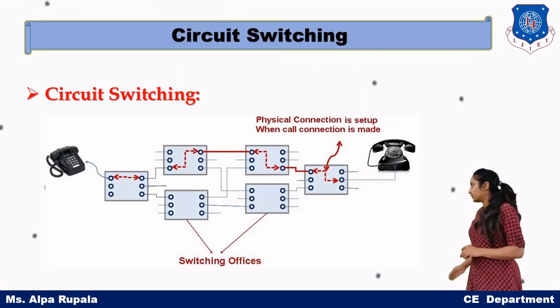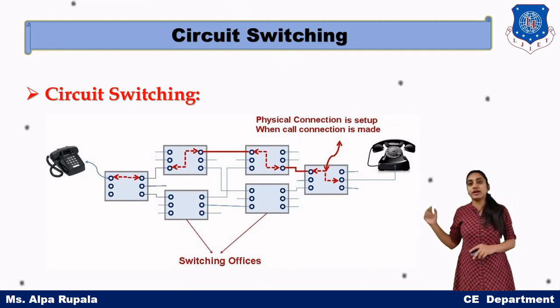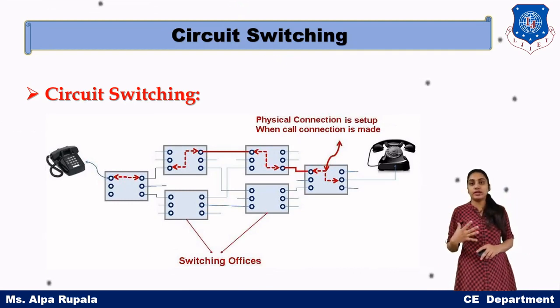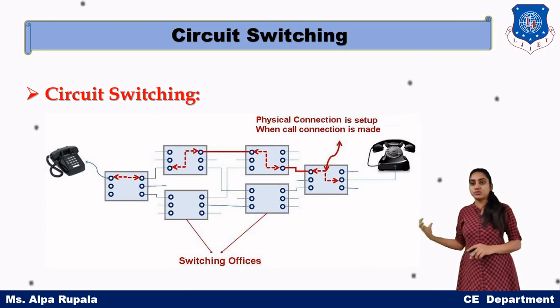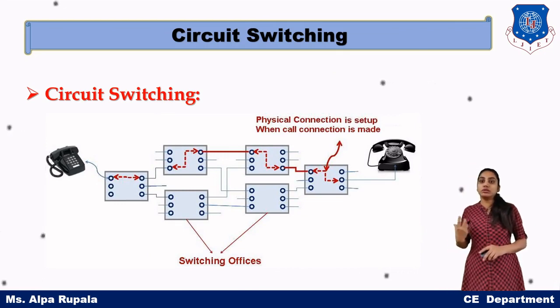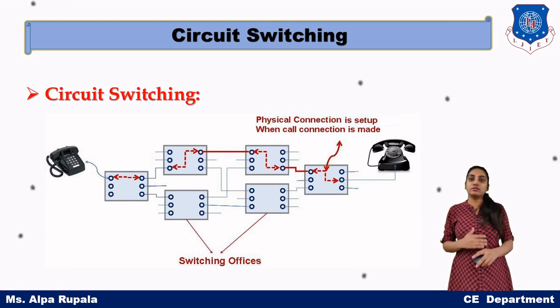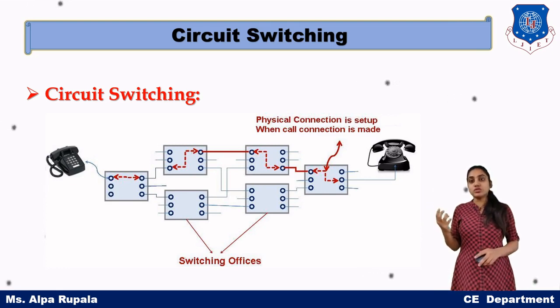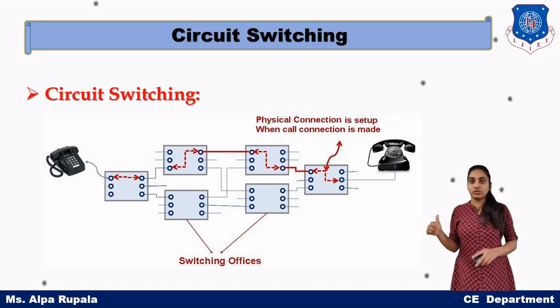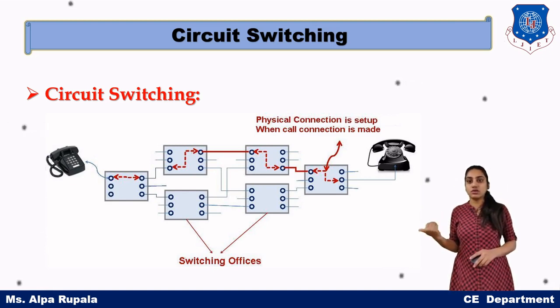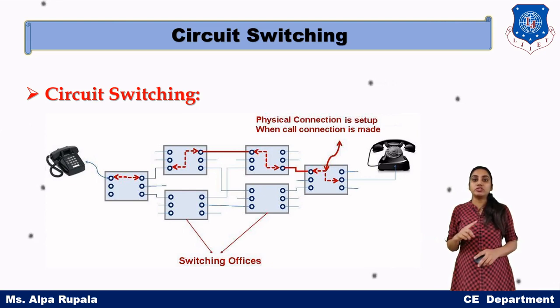You can see the diagram. In circuit switching, we have two telephones. The telephone line is connected by different switch offices, and all these switch offices are connected with each other. Whenever one caller is calling someone, first the route will be found. Then on that particular route the data will be transmitted, and after that the circuit will be disconnected.